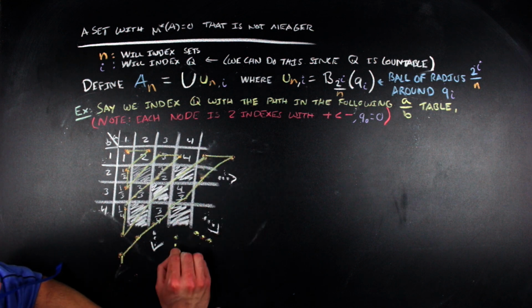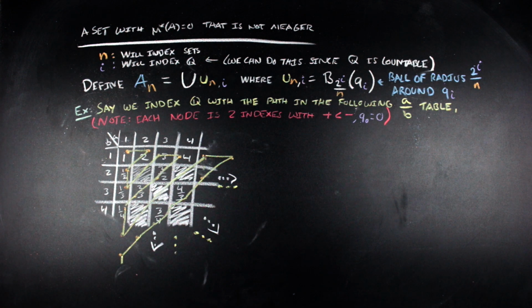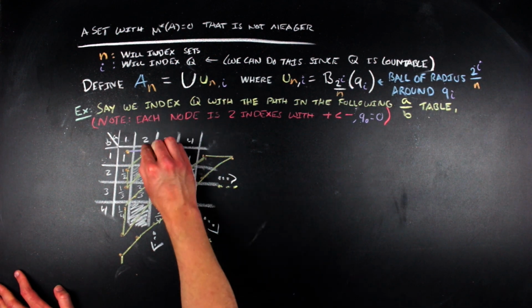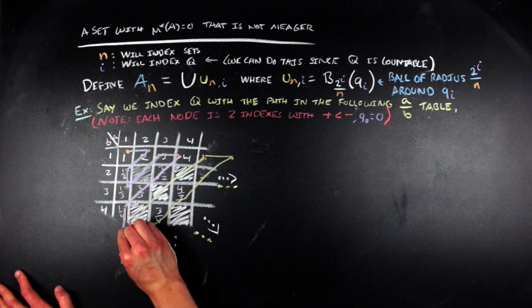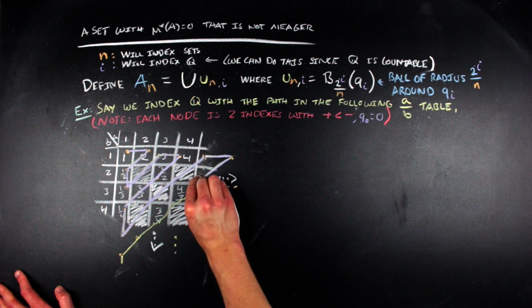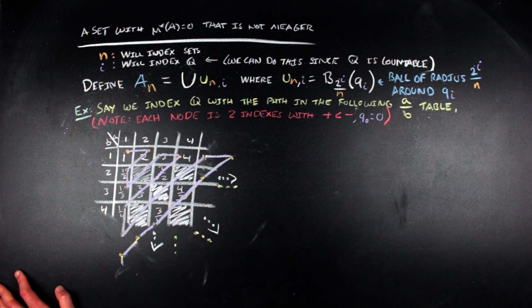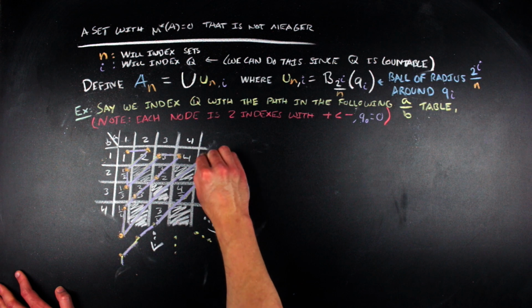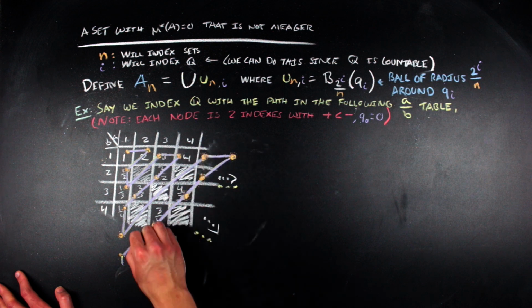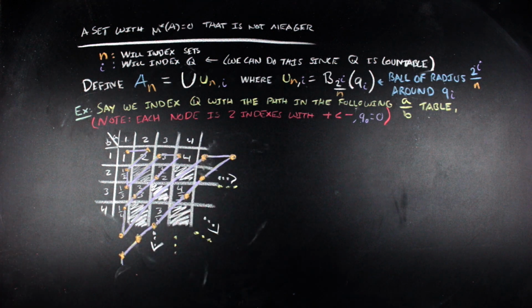So 0 is the 0th rational, then 1 will be the first rational because that is where we stopped first in the path, and then negative 1 will be the next rational before we move on to the next box, which is 2, which will be the third rational, and then negative 2 will be the fourth, and then 1/2 will be the fifth, and then negative 1/2 will be the sixth.